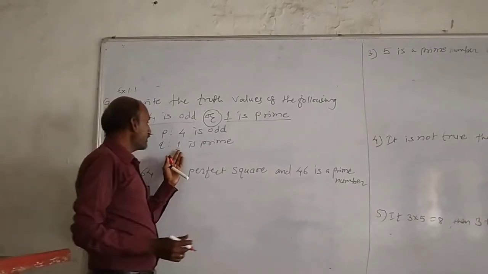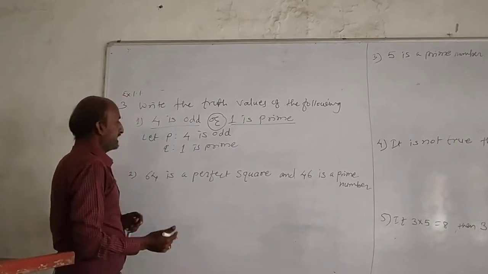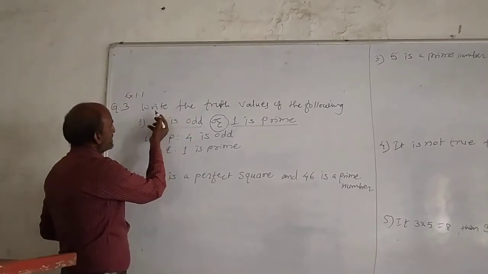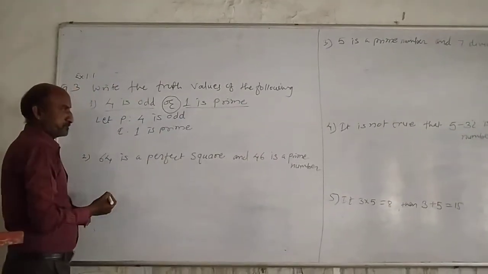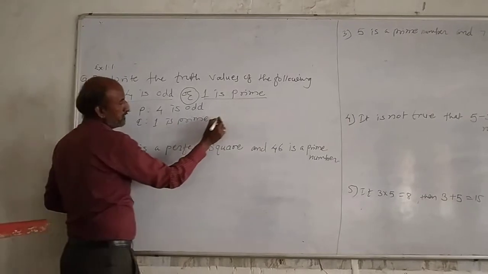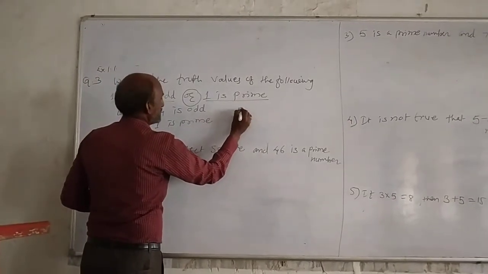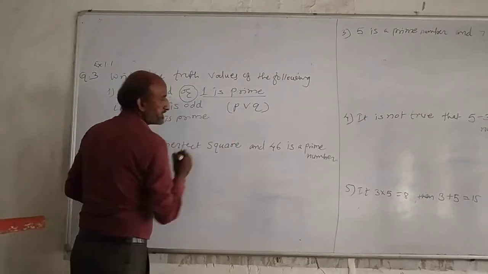Second statement Q, 1 is prime. Then what is the symbolic form of this statement? P or Q. This is the symbolic form.